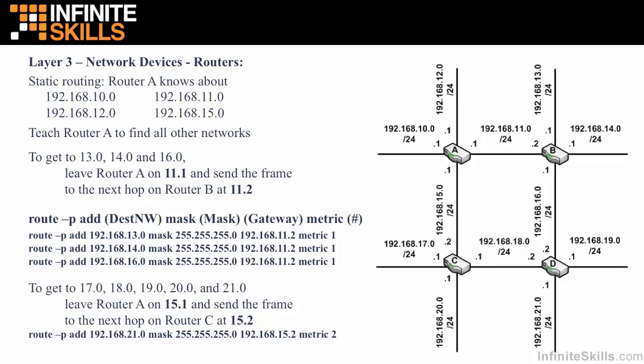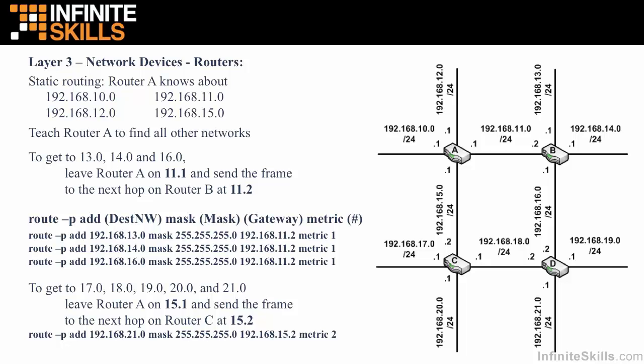So as we look at the diagram on the right-hand side of this slide, we see that router A in the upper left-hand corner has a network interface on 192.168.10, and its IP address is 10.1. It also has an interface on 192.168.12.1, 192.168.11.1, and 192.168.15.1.